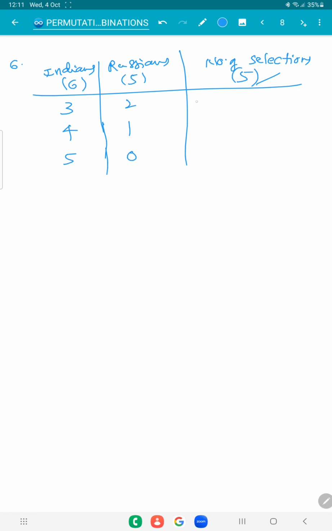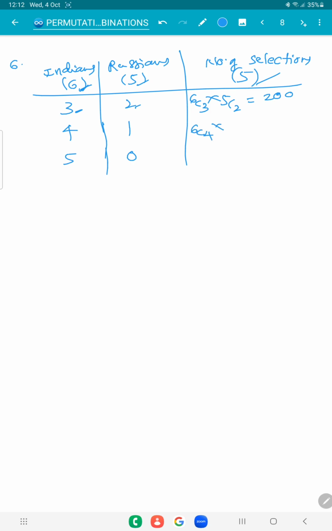So the number of selections becomes: out of 6, 3 Indians are selected, that can be done in 6C3. Out of 5 Russians, 2 are selected, that can be done in 5C2. So this is equal to 6C3 into 5C2, that is 6 into 5 into 4 by 3 into 2 into 1, and if we calculate that, it is 200.